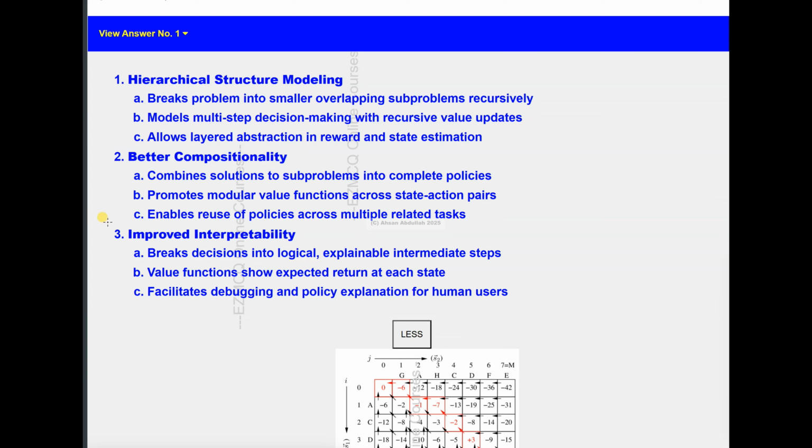All right. So you see that the inherent advantages of dynamic programming are exploited in reinforcement learning and improve interpretability, because dynamic programming methods update value functions in a structured and recursive way. So that way it becomes easier to understand why certain actions are chosen, as opposed to what's happening in deep learning.